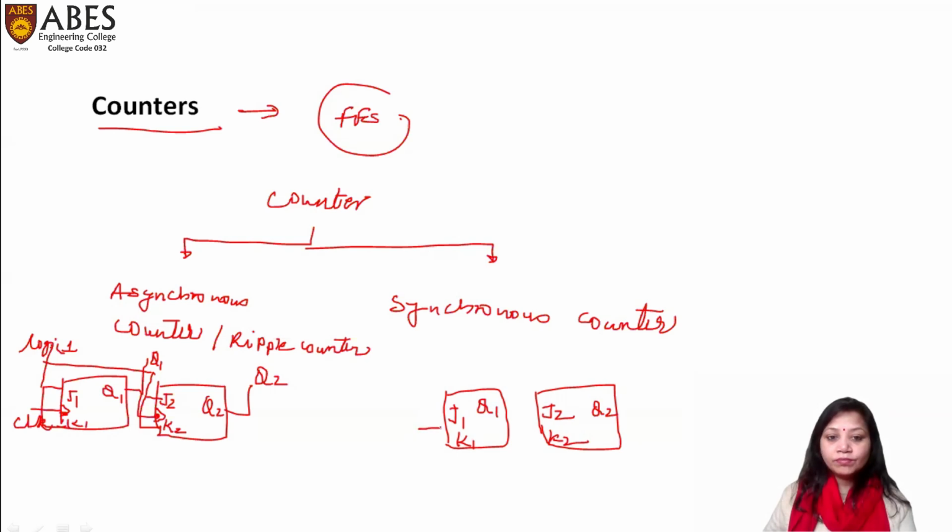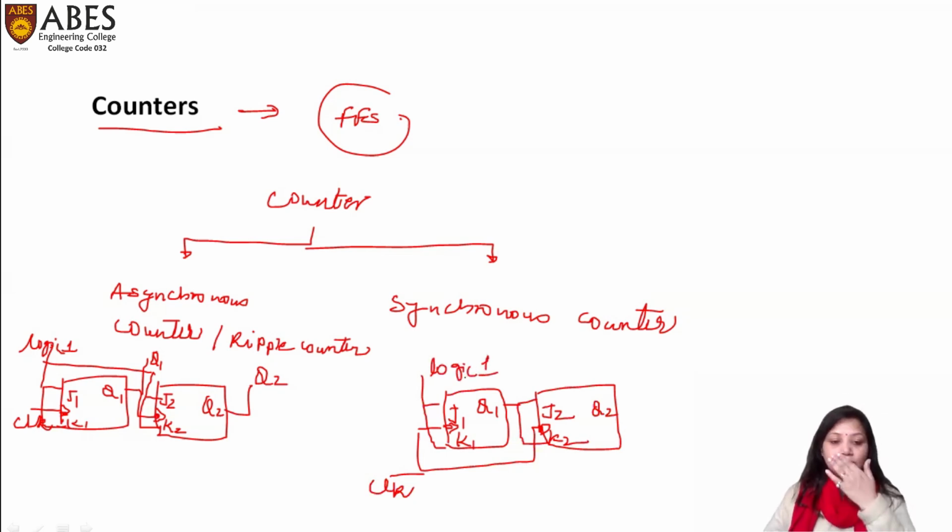We give the clock pulse simultaneously to all the flip-flops. Q1 is connected to J2 and K2, and J1 K1 is connected to logic 1. So this is the synchronous counter.